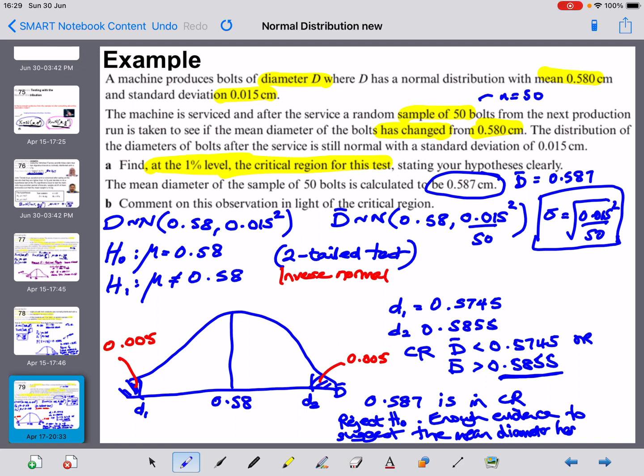Okay, I'm not saying in which direction it's changed. I'm not saying it's greater just because it happens to have fallen in the top tail. I'm just paraphrasing what it's asking me in the question. All we know is that it's changed. Okay, that's all we've concluded. There's enough evidence to say that it's changed.